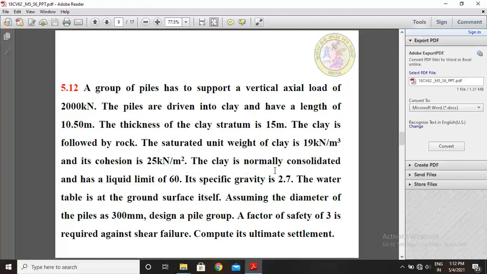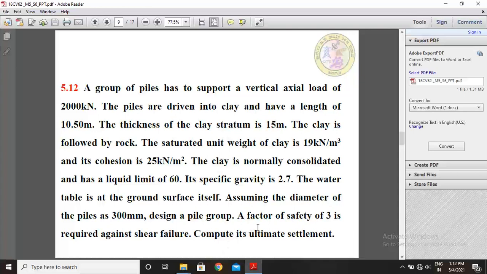The clay is normally consolidated and has a liquid limit of 60%. Its specific gravity is 2.7. The water table is at the ground surface itself. Assuming the diameter of the piles as 300 mm, design a pile group. A factor of safety of 3 is required against shear failure.